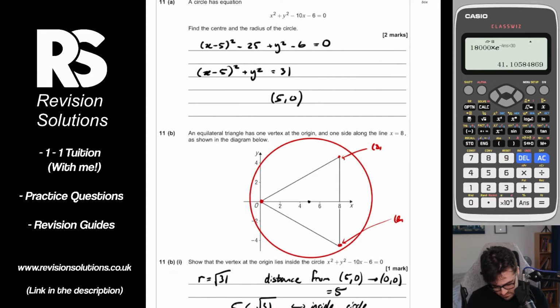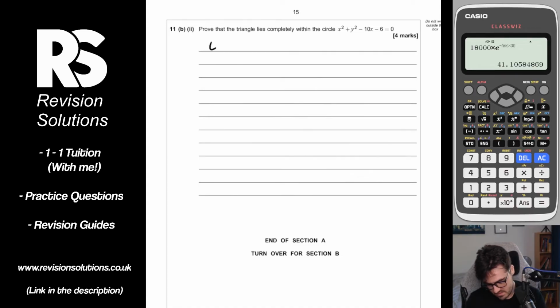So we know this full angle is 60 degrees, but that would make this angle 30 degrees. And we also know that this is length 8, just from the diagram. So we can find the opposite side of this right angle triangle with a bit of SOHCAHTOA. So we know tan 30 is our y coordinate divided by 8. So tan 30 degrees is y over 8.